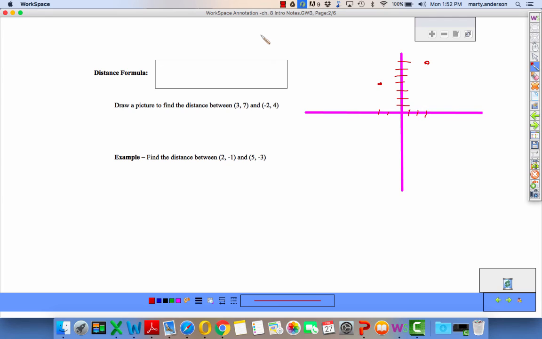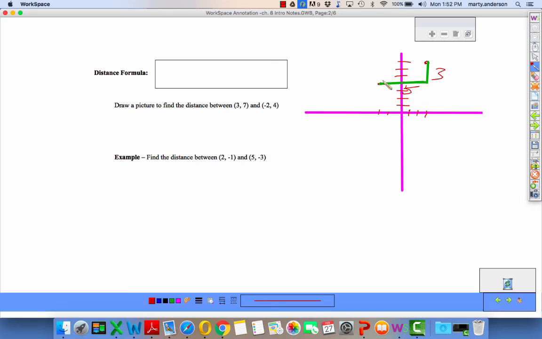Now if we want to make a right triangle, we go here, we go here, and then if we want to find the distance in between them, we would know how far from negative 2 to 3. I would say this distance down here is 5, and this distance here is going to be 3.